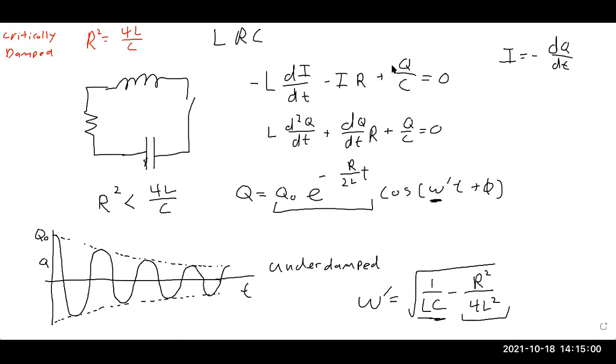And that does allow it to cross zero at most once. It's critically damped, you don't get oscillations anymore. Something kind of more like that.